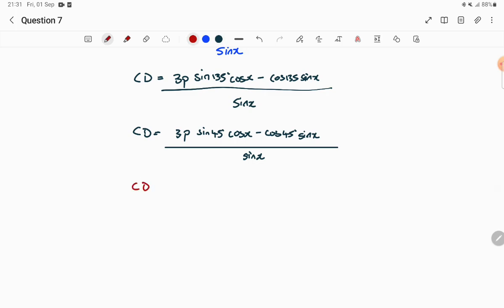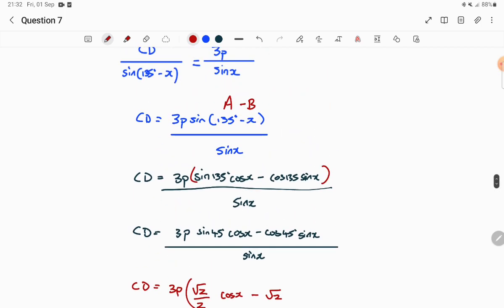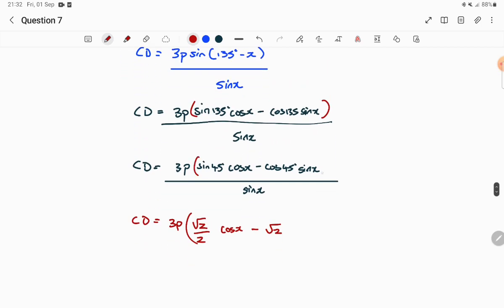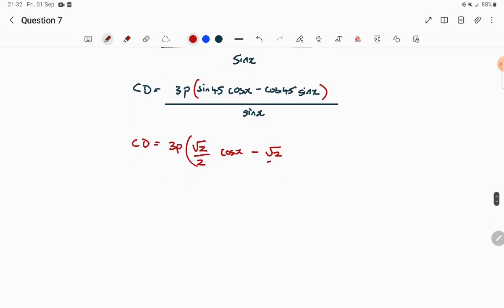So CD is therefore equal to 3p, root 2 over 2 cos x minus root 2 over 2, and this is in brackets. Should put this in brackets actually, since this 3p was on the outside, so put that in brackets. Cos minus root 2 over 2 sine x.